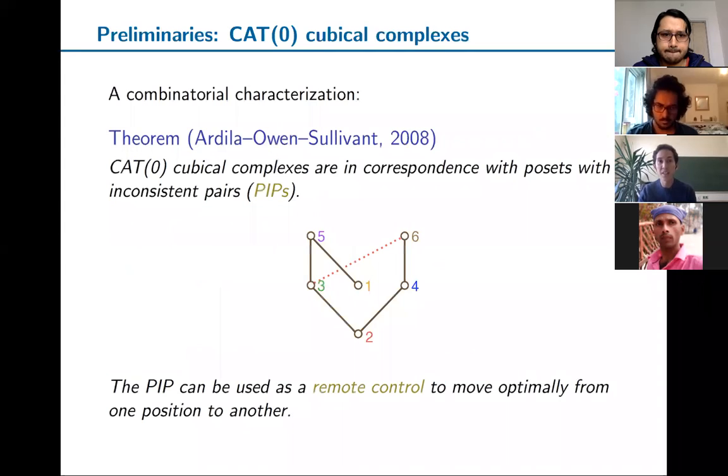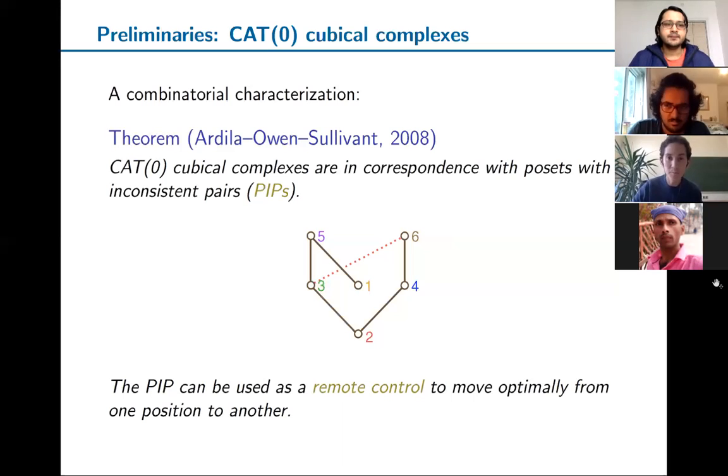And there is a really nice combinatorial characterization done by Ardila, Owen, and Sullivan that says that CAT(0) cubical complexes are in correspondence with certain combinatorial objects that are called PIPs. And these PIPs are really nice because they can be used as remote controls to move your robot optimally from one position to another.